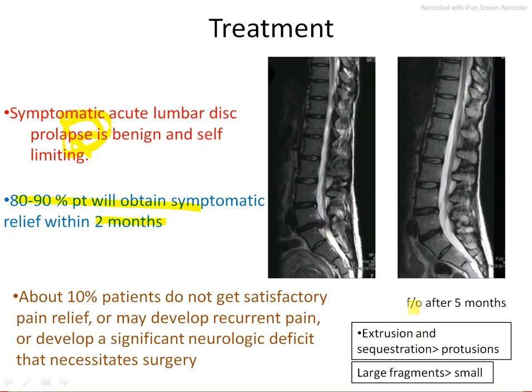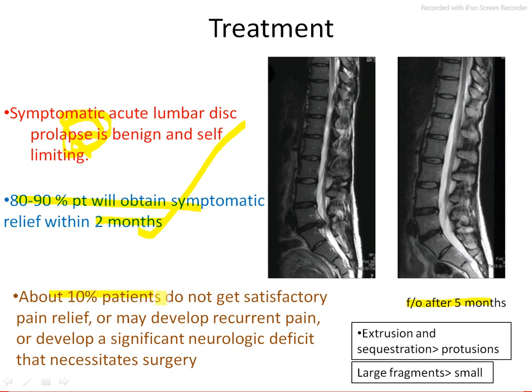But when the patient was followed up after 5 months, you see here the disc herniation has resolved between L4 and L5. So most of the patients tend to resolve, especially within 6 weeks, and you see here up to 80 to 90% within 2 months.